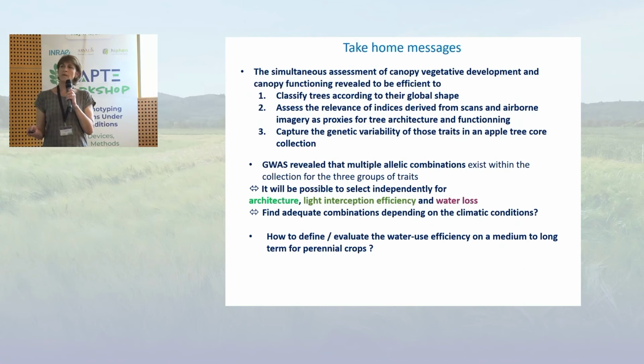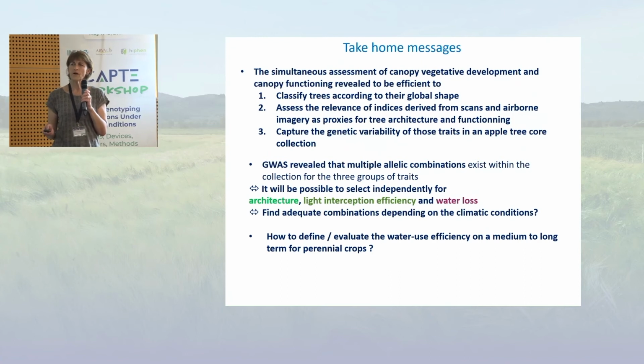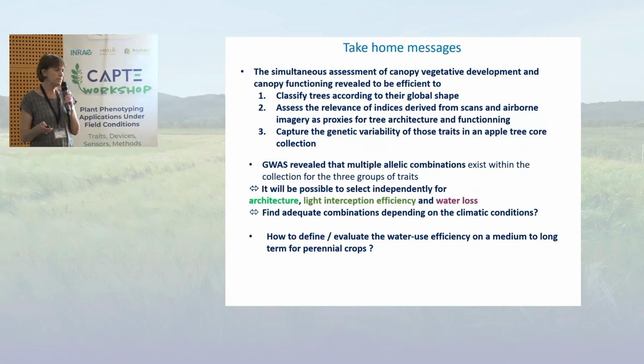What is still pending as a question is how we can define or evaluate the water use efficiency when we are working on a medium or long-term crop such as a fruit tree. What does it mean to save the water on one cycle? Which consequence will this have on the next cycle? So we still have to define exactly what we want to select and what we want to evaluate. But we have the material to do that.